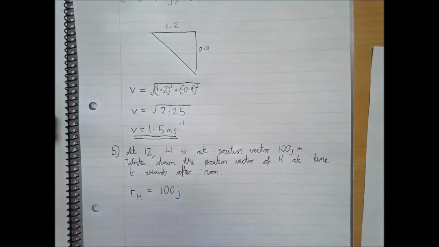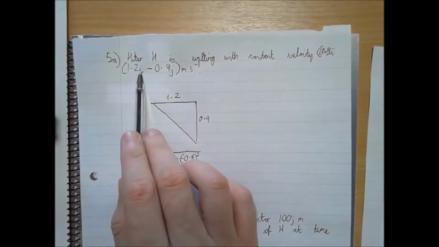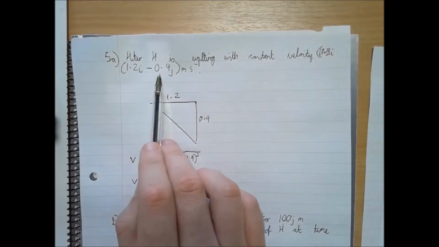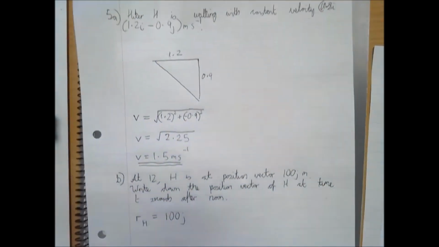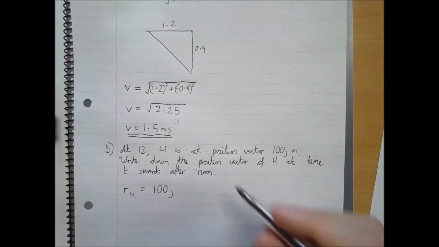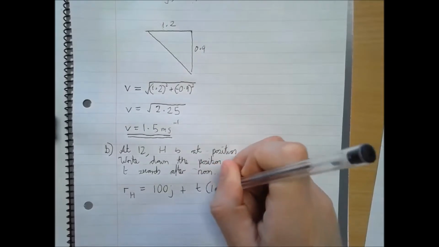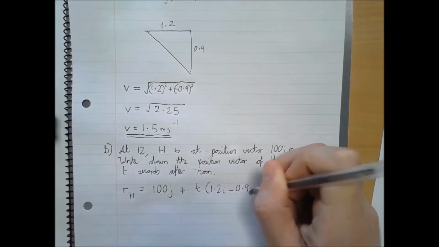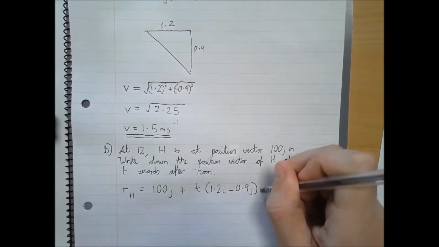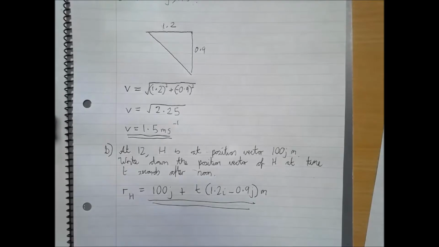Now we know from earlier that the hiker is traveling at 1.2i minus 0.9j for each second. So imagine this is t seconds after noon. Well, this is just going to be plus t(1.2i minus 0.9j). That'll be meters, and that's your final answer.